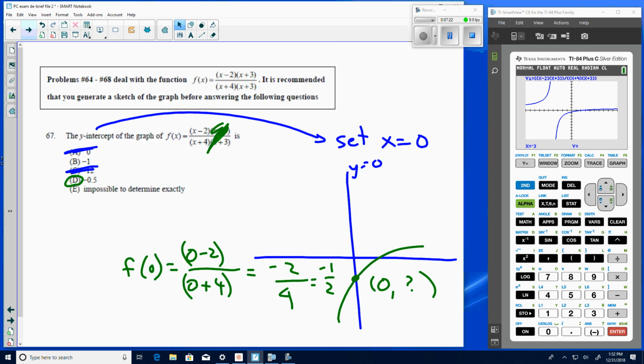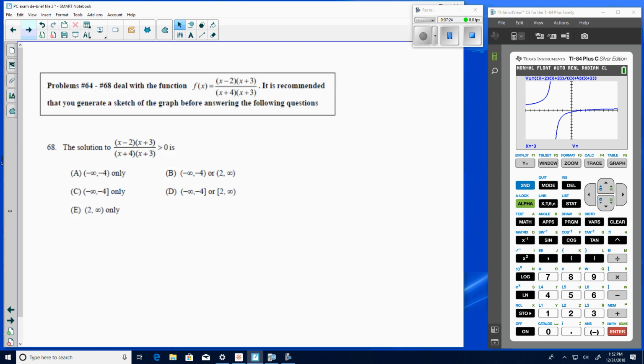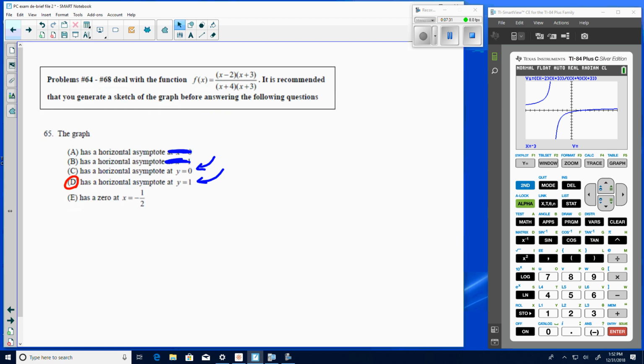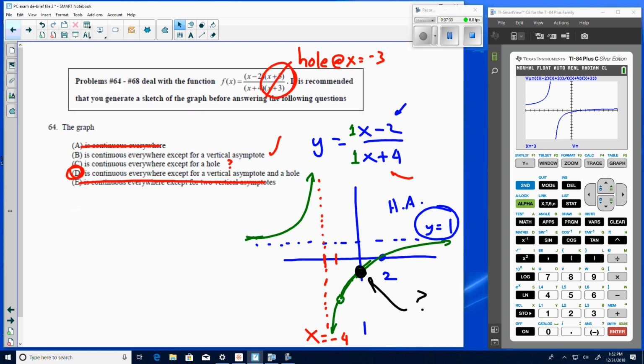Okay, 68. The solution. Where is this thing bigger than 0? And again, let's sort of look at the picture. Here's our picture. And we're looking for where this graph is bigger than 0. Bigger than 0 means everything in the positive world, everything up above the x-axis.